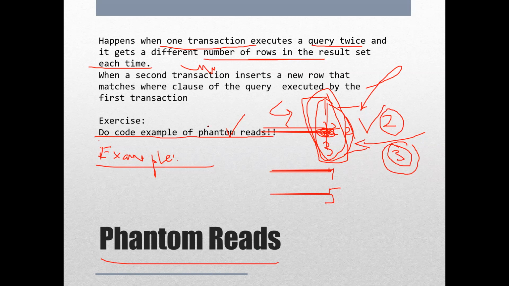I'll make it a bit clearer. Marisa, you have a transaction that executes a query, where ID is greater than, for example, 3, or maybe ID between 1 and 3. You are finding a query which asks for ID between 1 and 3.